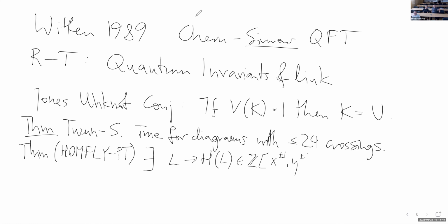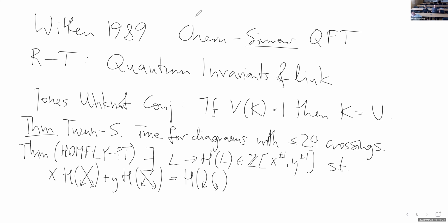I'm going to use a maybe non-standard definition of it, such that X times H of a diagram with positive crossing plus Y times H of a diagram with negative crossing is just H of the smoothing. And then H of the unlink is 1.